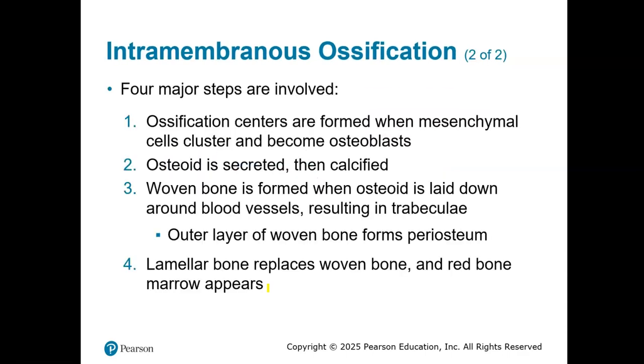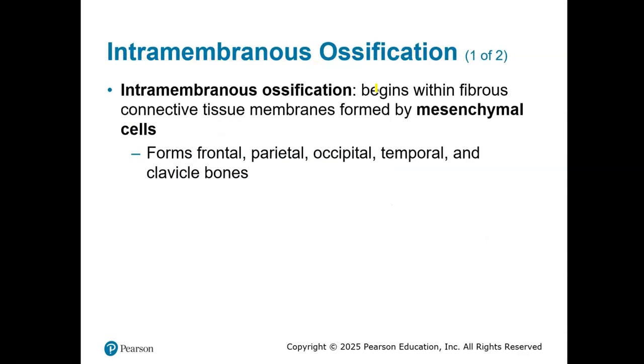Sorry, let me go back. Then we have intramembranous ossification, and you don't need to know the steps. You just need to know that intramembranous ossification is the type of bone growth that occurs in the skull bones.